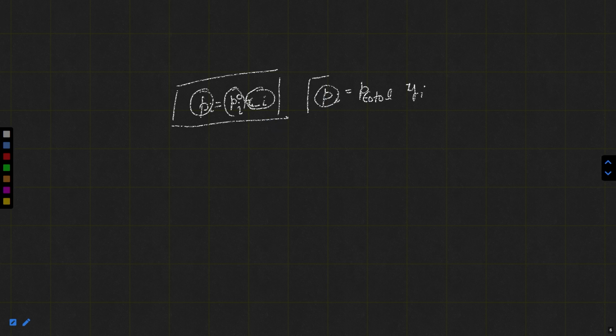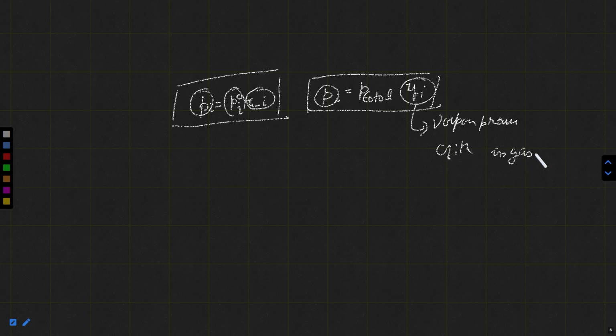But for the vapor phase, we will take Yi, the mole fraction of the ith component in the gas phase or vapor phase, right? And Xi is for the solution phase or liquid phase.